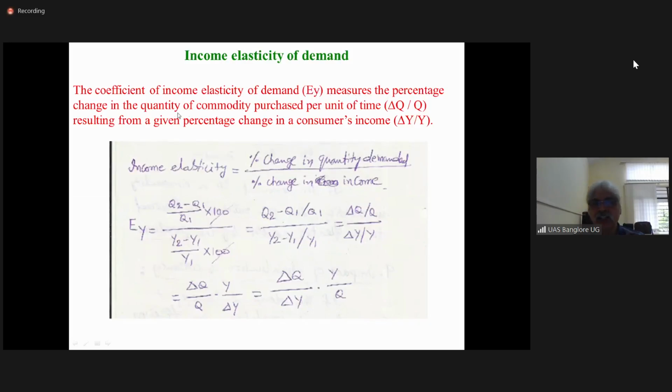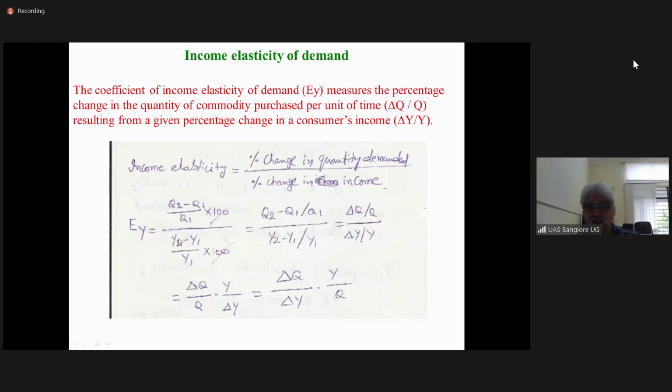It measures the percentage change in quantity of a commodity purchased per unit of time, delta Q by Q, resulting from a given percentage change in consumers' income, delta Y by Y. In the previous section, this was delta P by P. Here it is delta Y by Y, where Y represents income. So income elasticity is equal to the percentage change in quantity demanded divided by the percentage change in income.